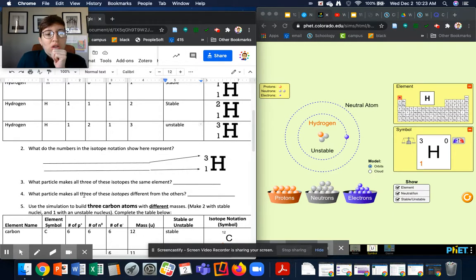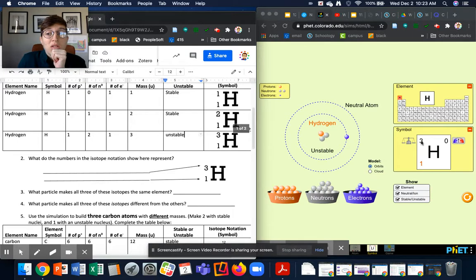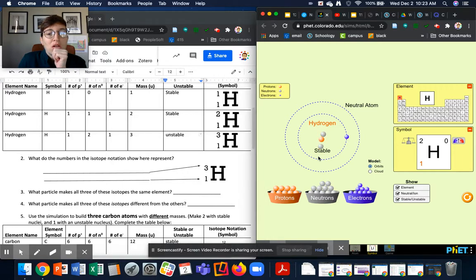So let's take a look at 2 through 4. What do the numbers in isotope notation represent? So the 3 up here is our mass number. And that changed when we added a neutron. Right? If we take one away, that goes down to 2. We put 1 in, it goes up to 3. There's another thing that can change our mass number, and that is the amount of protons, right?